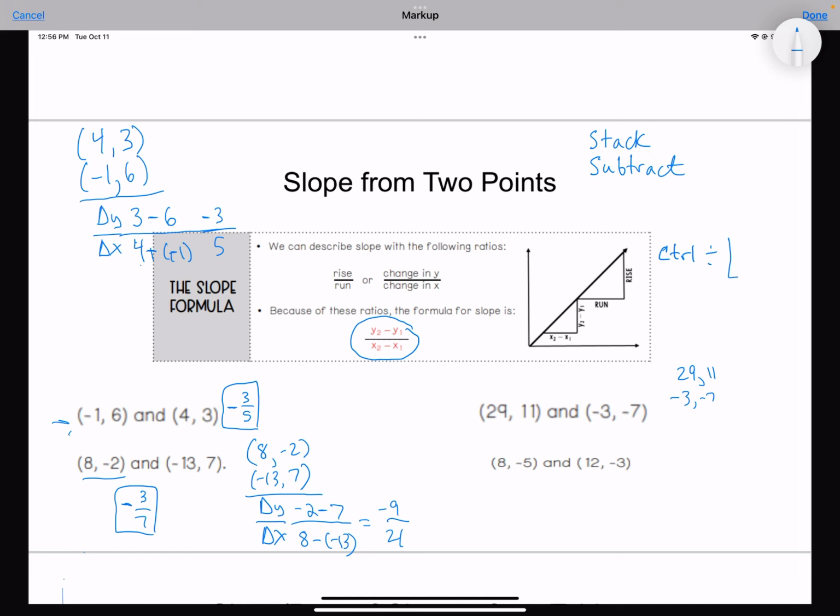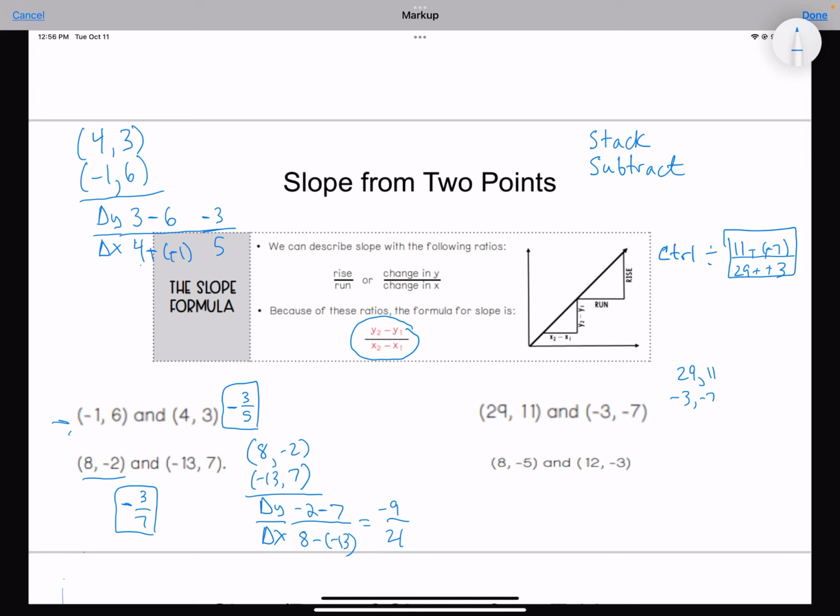And it's going to bring up the division bar. So you're going to put 11 minus negative 7. And you're going to put 29 minus 3, negative 3. And what this is going to do, this is going to give you the fraction in reduced form, so you don't have to reduce it yourself.